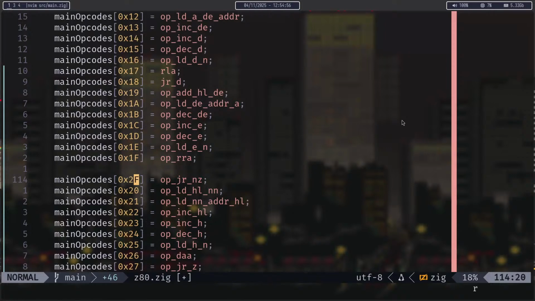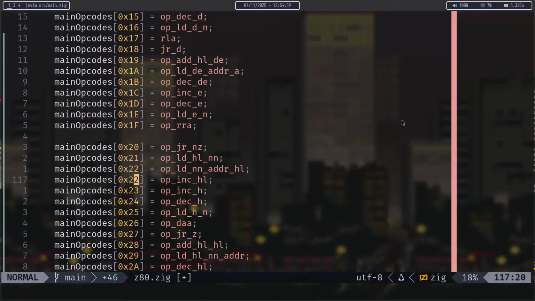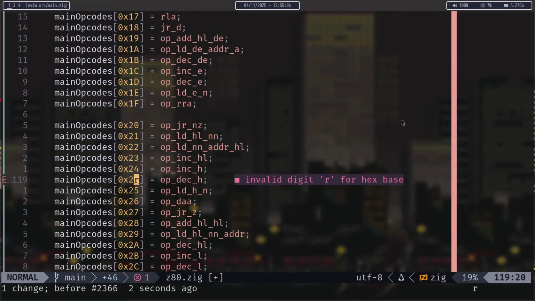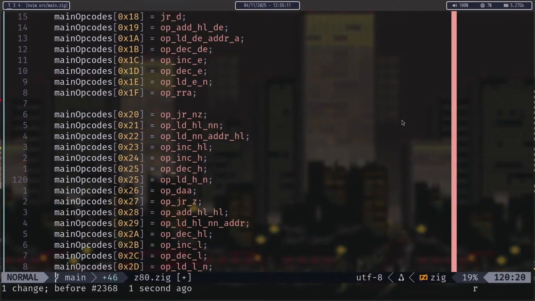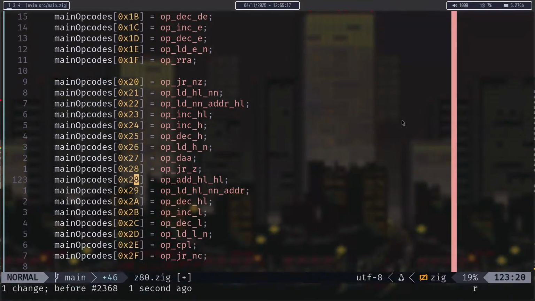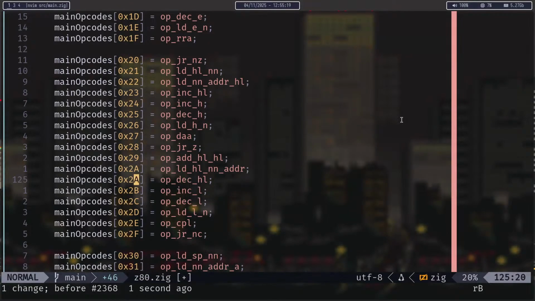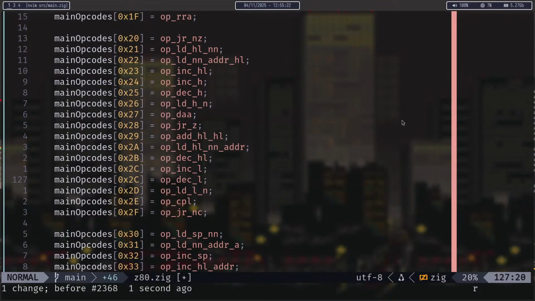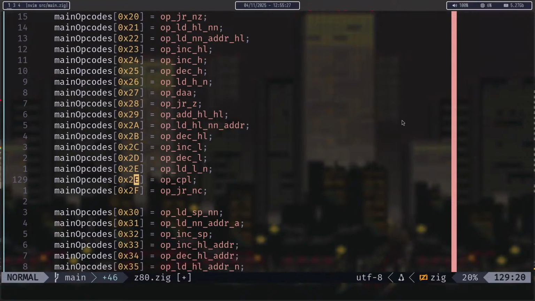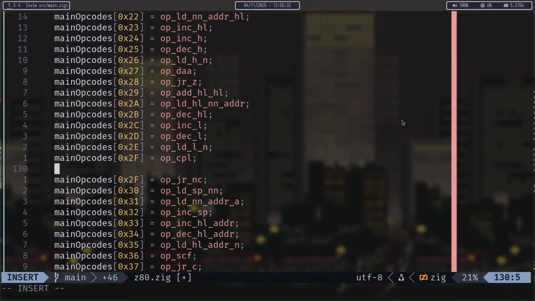This is going to be 2, 0, 1, 2, 3, 4, 5. That's not what I wanted to do. 5, 6, 7, 8, 9, A, B, C, D. Next I get counts. E, F. Right here as well.